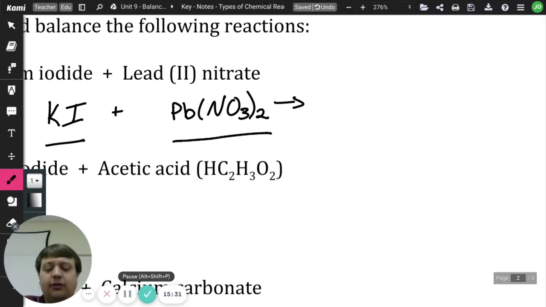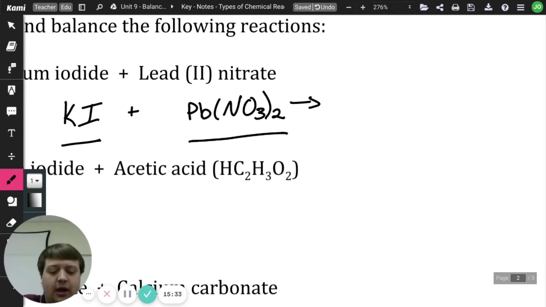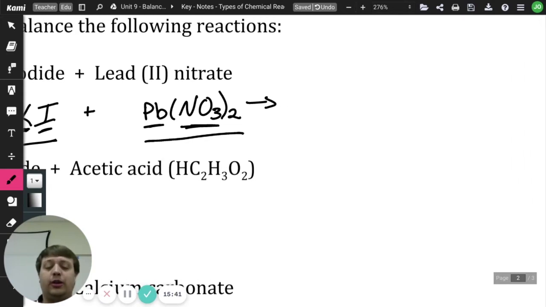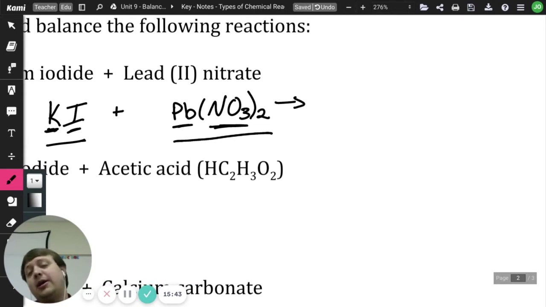So all that's happening is we do in with in and out with out. Outside with outside would be K paired up with NO3, and inside with inside would be lead paired up with iodine. Now, a big common mistake that students make here is they just write K, NO3, and then I, Pb, so they don't swap places. Remember that in these substances, you should always write your cation first.